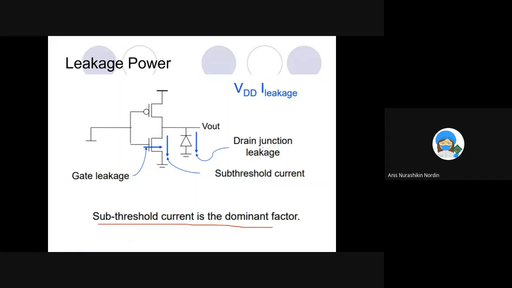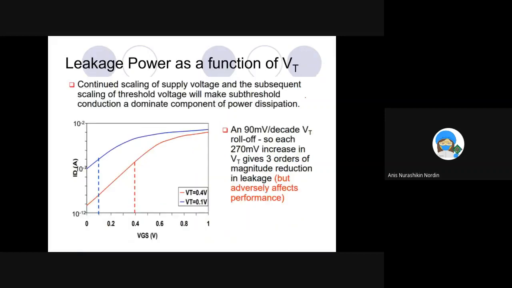There may also be a drain junction leakage current, and this occurs at the output. So the leakage power is VDD multiplied by the sum of all these leakage currents. So leakage power is a lot dependent on the threshold voltage, right? As you scale the supply voltage, what does it mean by scaling the supply voltage?